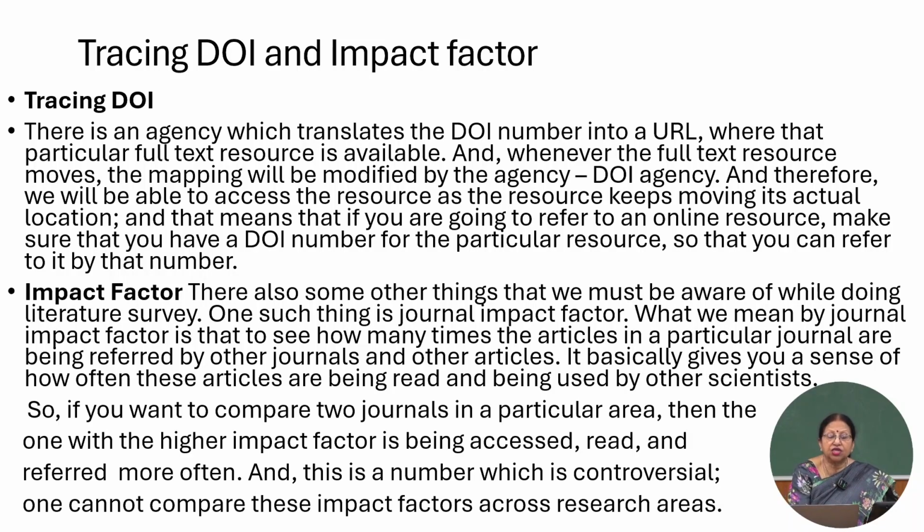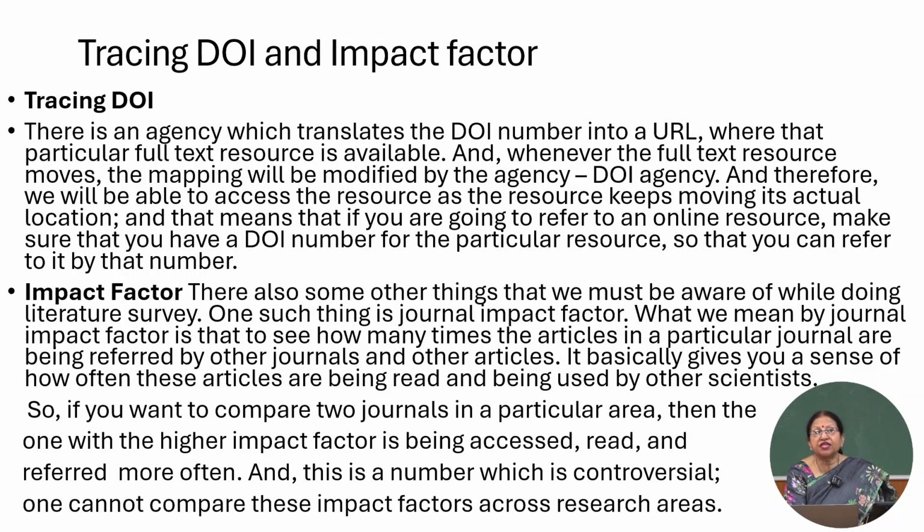What we mean by a journal's impact factor is to see how many times the articles in a particular journal are being referred to by other journals and other articles. It basically gives you a sense of how often these articles are being read and used by other scientists.